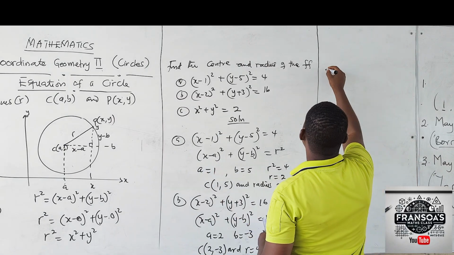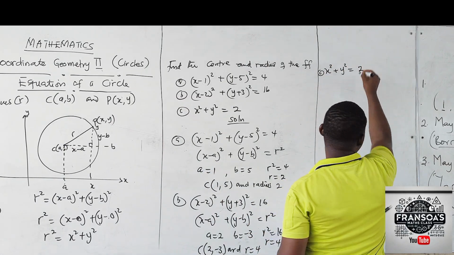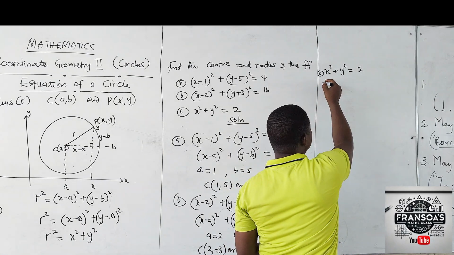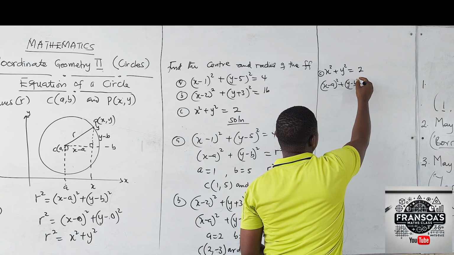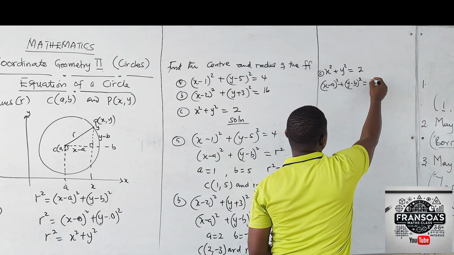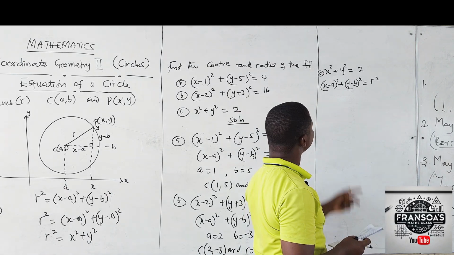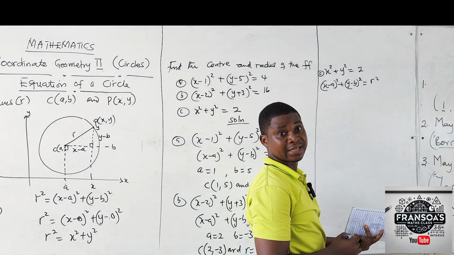Then the last one, we have x squared plus y squared is equal to 2. We have the equation as (x minus a) all squared plus (y minus b) all squared is equal to r squared. When you compare this one, you can see that we don't have the center, so it means the center is at the origin.